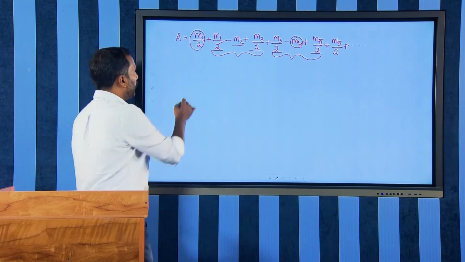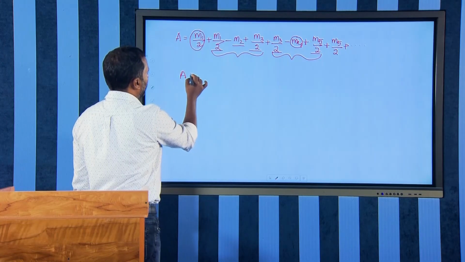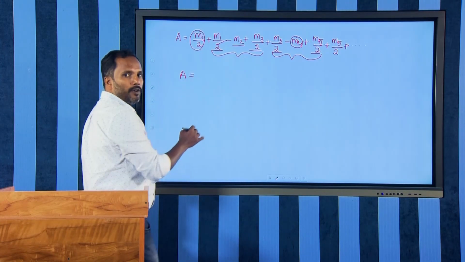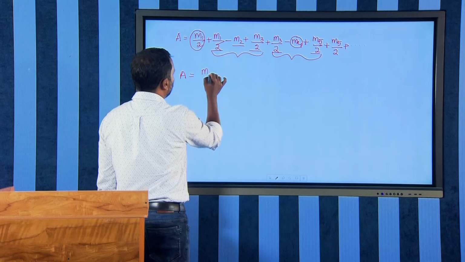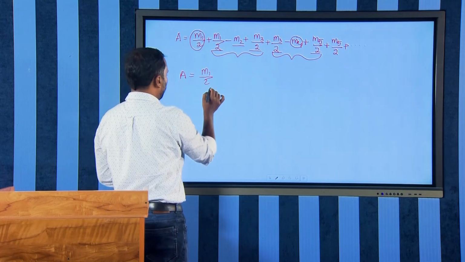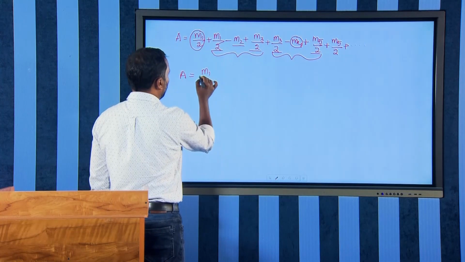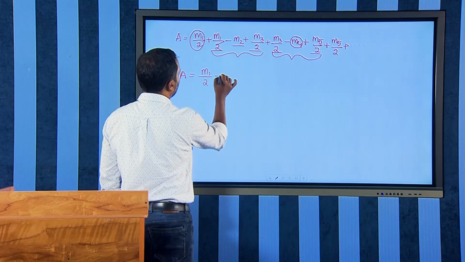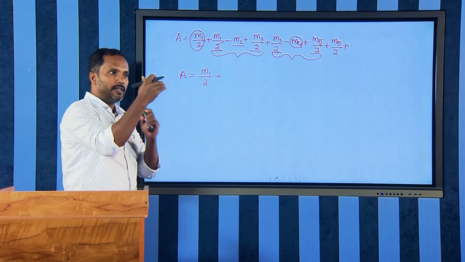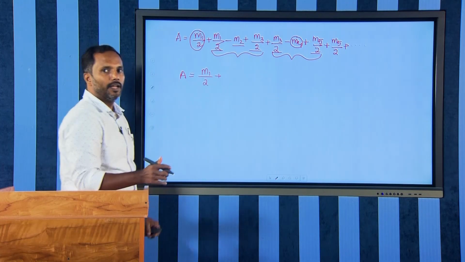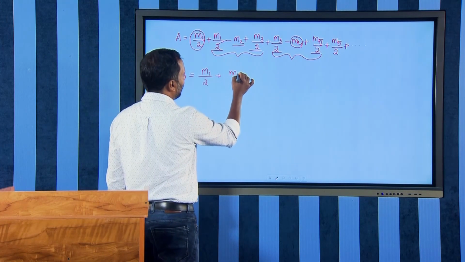So what is left over, the amplitude A, is equal to M1 by 2 in the first case, plus, and the last term will exist if it is an odd number, that means Mn by 2.